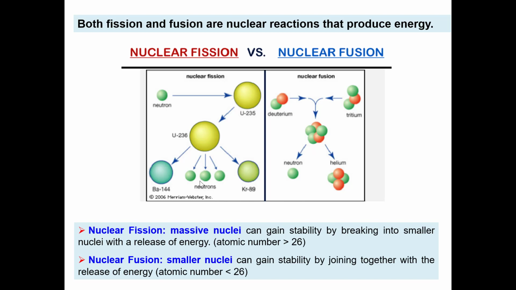This happens mainly in elements with atomic number greater than 26. Nuclear fusion happens mainly in smaller nuclei, which gain stability if they join together with the release of energy. This happens mainly in elements with atomic number less than 26.